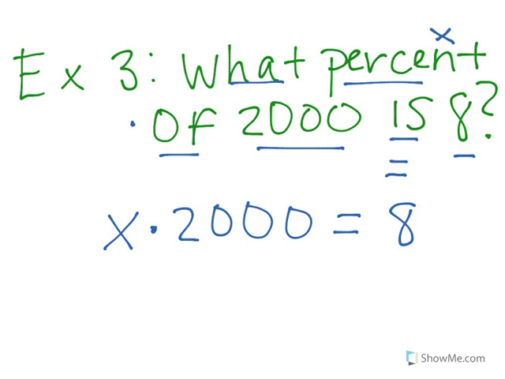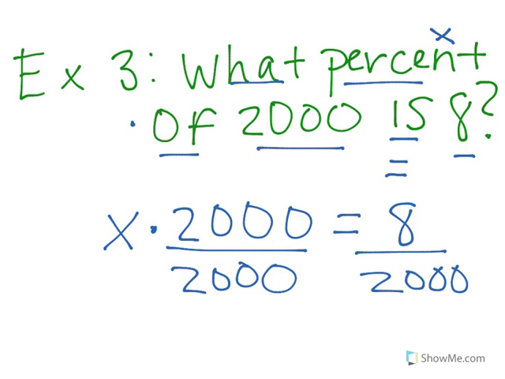Again, the opposite of multiplication is division. My goal is to get X by itself, so I'm going to divide both sides by 2,000. I'm going to type in my calculator 8 divided by 2,000, and that's going to be 4 thousandths, so it's 0.004.